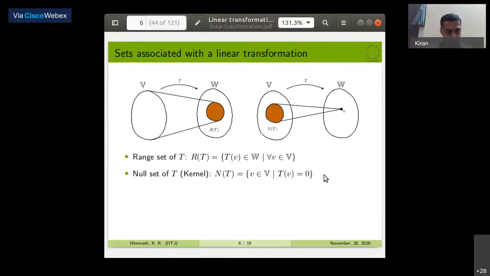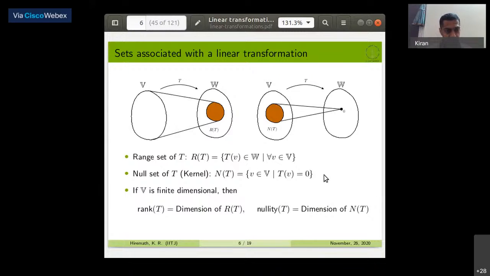This is the place where for the first time we introduce the finite dimensionality of these vector spaces. If V is finite dimensional, then we define the dimensions of the range of T and the null space of T. The dimension of the range of T is called the rank of T, and the dimension of the null space of T is called the nullity of T.